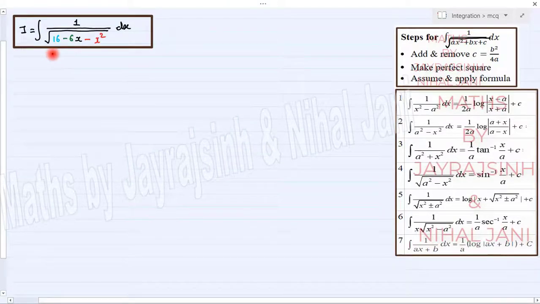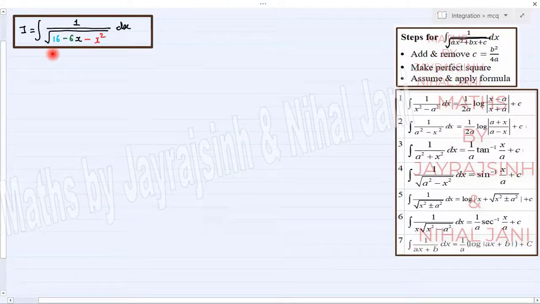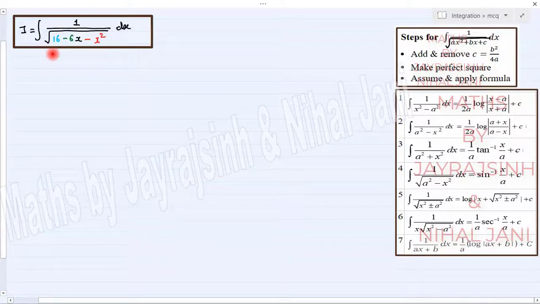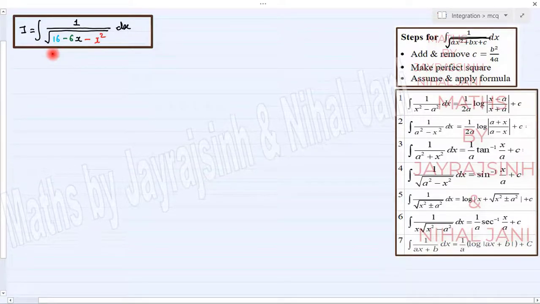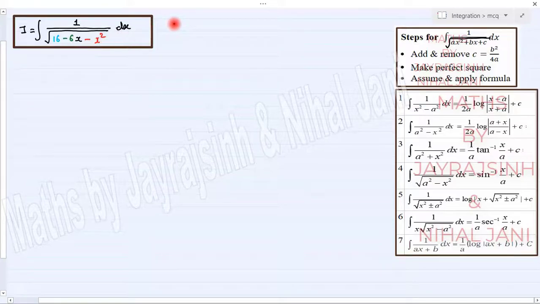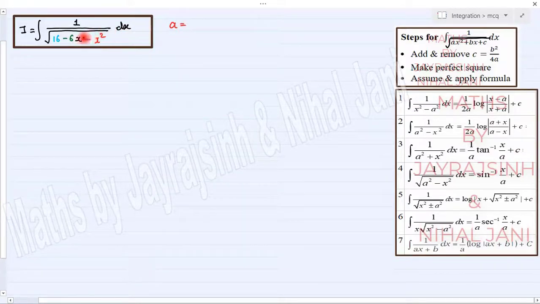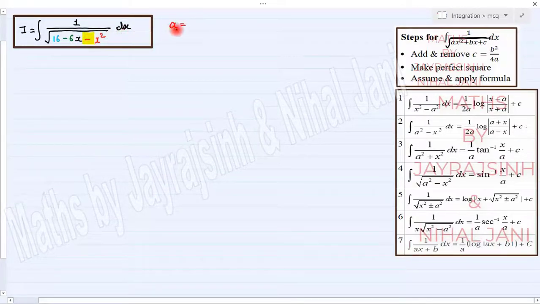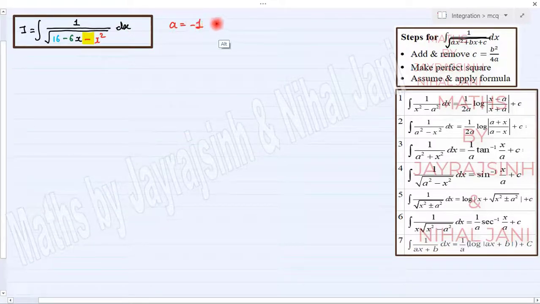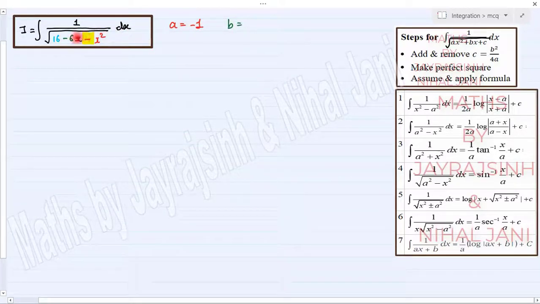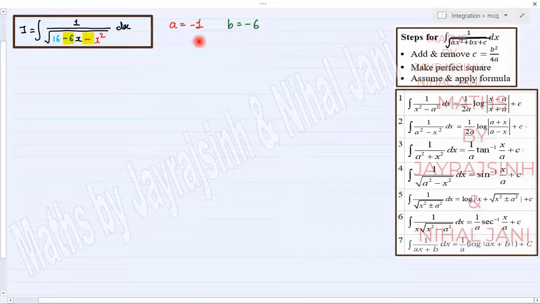In this question, we have the integration of 1 upon under root of 16 minus 6x minus x square, which is in the form of 1 upon under root of ax square plus bx plus c, where a, the coefficient of x square, is minus 1, and b, the coefficient of x, is minus 6.